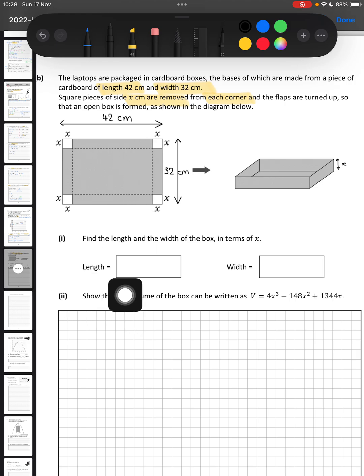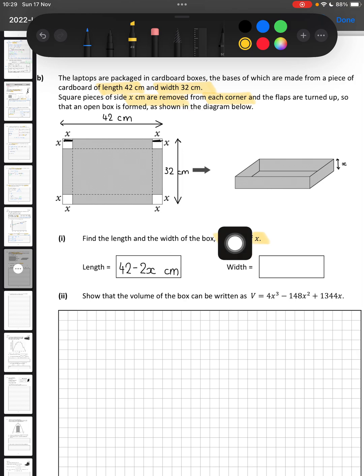So the length, it was 42, but then they took off this X and this X, which means it's 42 minus 2X centimeters. Now they were quite nice here because they actually did say in terms of X. So you were expecting an X in your answer. You didn't actually have to write in the centimeters part here either for the marks. So that was perfect.